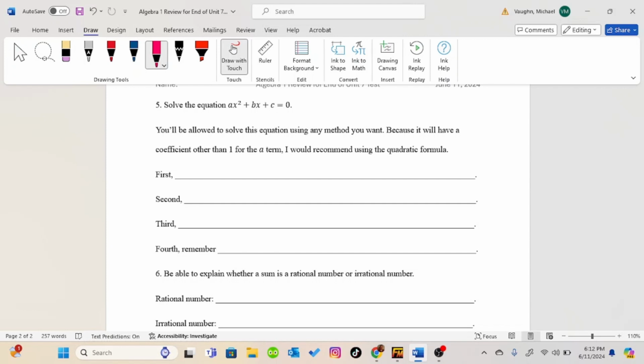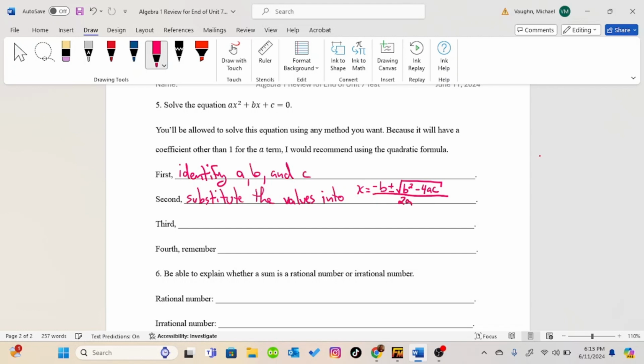First, identify A, B, and C. Second, substitute the values into x equals negative b plus or minus the square root of b squared minus 4ac all over 2a.